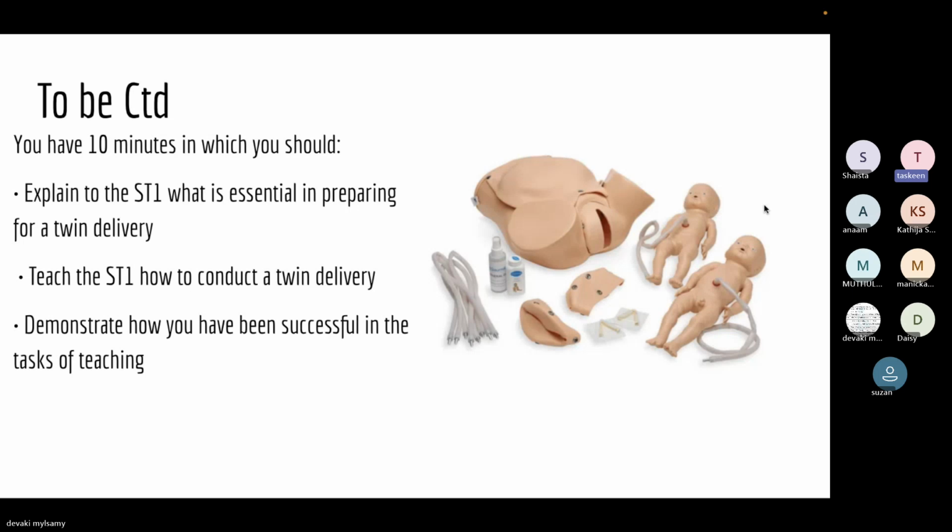So once we have delivered the first baby, keeping in with all the necessary arrangements, we hand over the baby to the pediatrician. After that, you need to have an assessment of the patient in terms of what the lie of the second baby is, what the presentation of the second baby is, and how the fetal heart is.